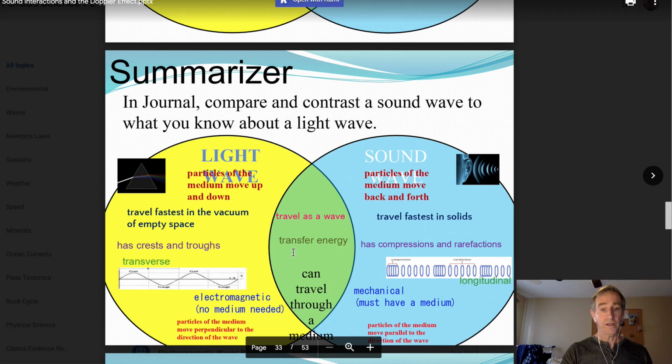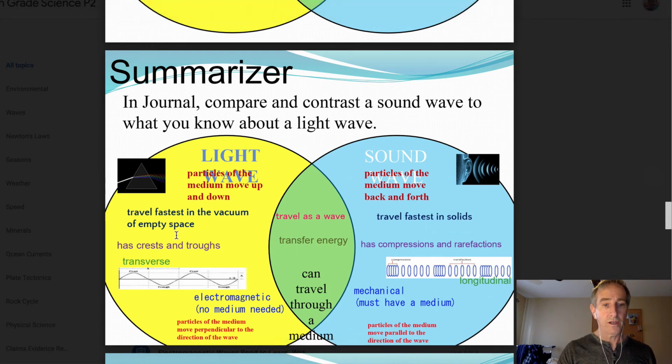You could use one of these other ones too. In sound, particles travel fastest in solids, and in light, travel fastest in the empty vacuum of space.